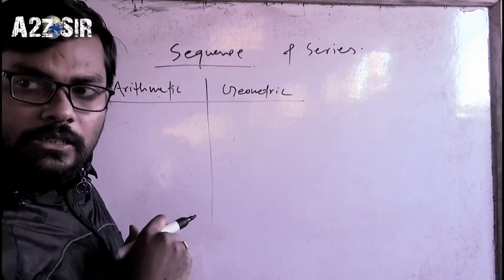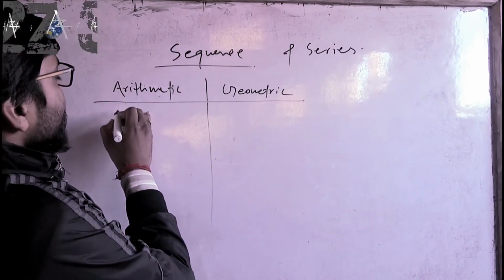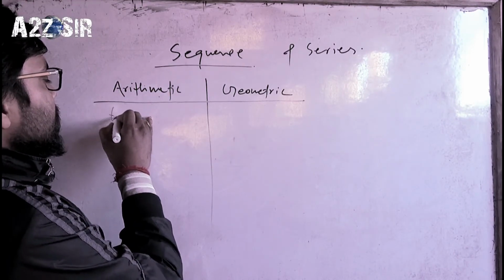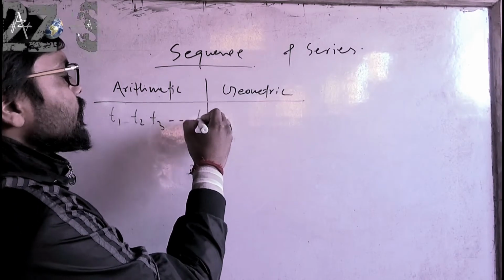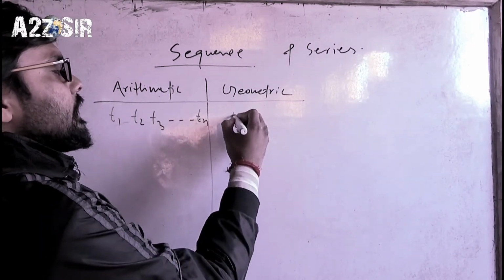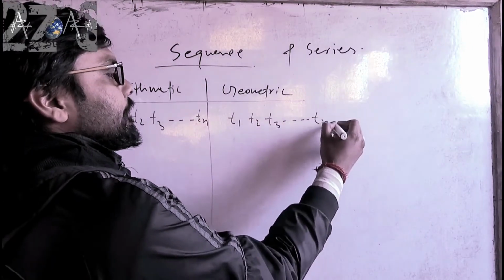So in arithmetic, we have T1, T2, T3 up to Tn, and similarly for geometric.